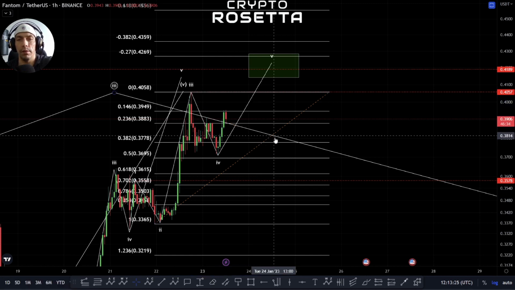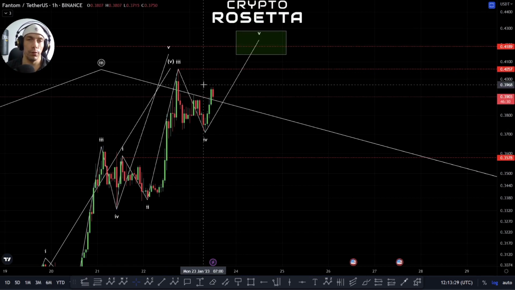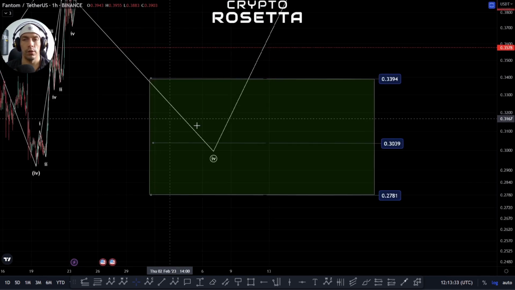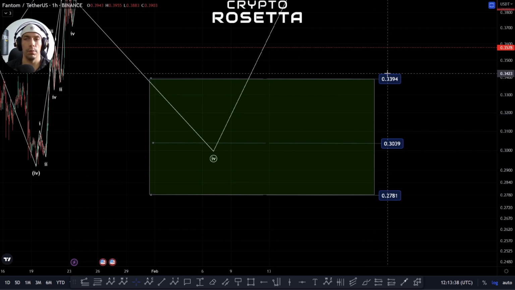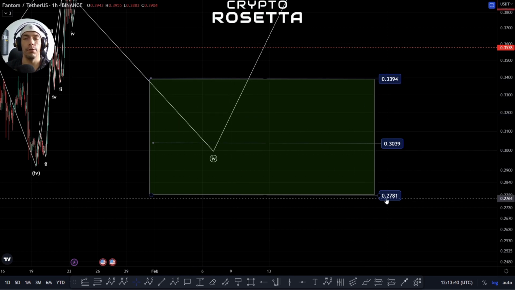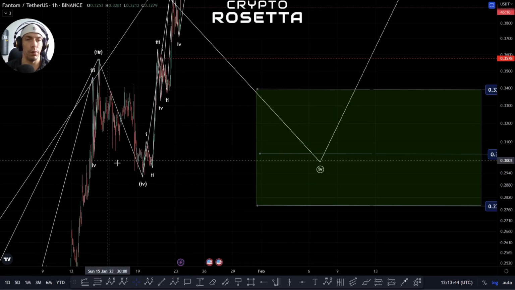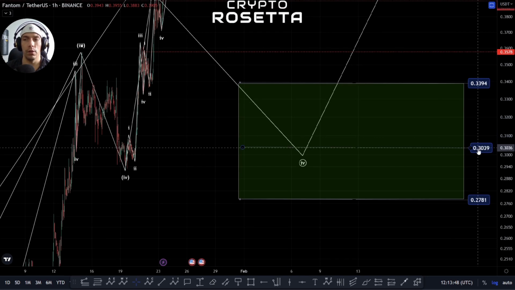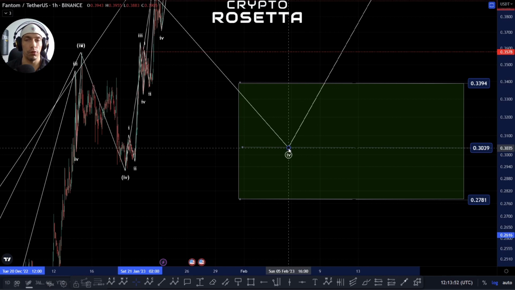However, we need to be careful, because otherwise this could just be the start of a bigger move to the downside, looking for this wave 4 basically. This wave 4 would be looking to target between 33.94 and 27.81. An interesting zone would be the previous wave 4 within this area, which sits on that 30.39 area, which is the 0.382 retracement.